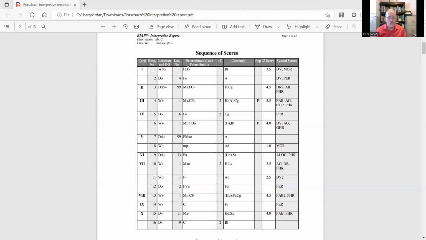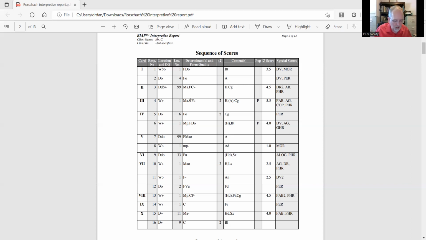That kind of gives you a sense of how much you're delving into, why you're spending so much time trying to gather a good sense of how the person saw what they saw. Because you're trying to see, okay, are they seeing things in 3D? Are they seeing movement? There's the M for movement.